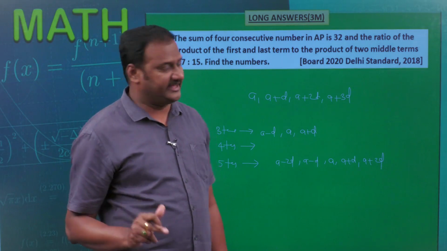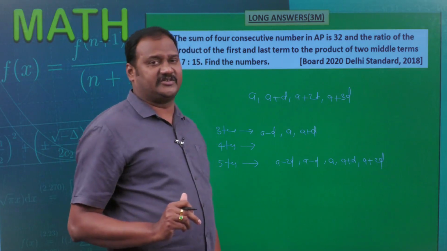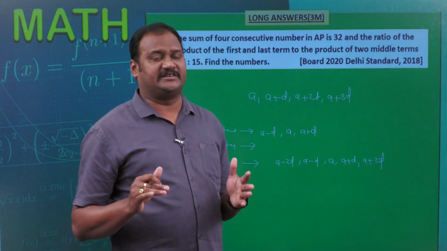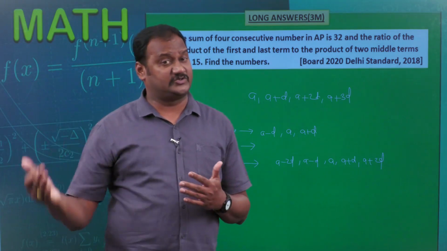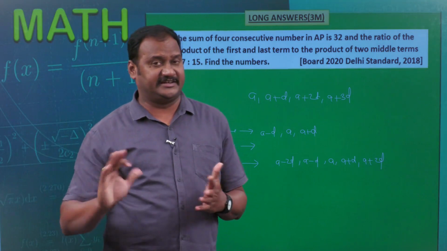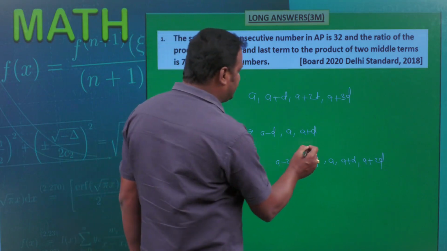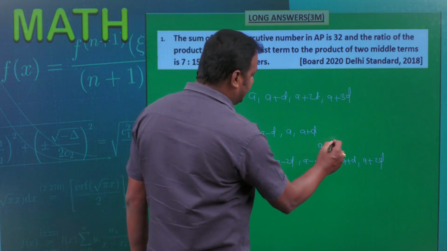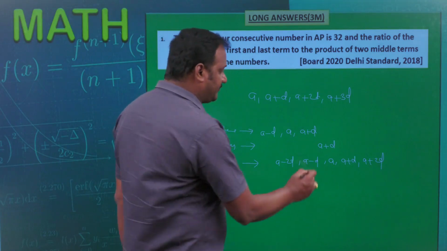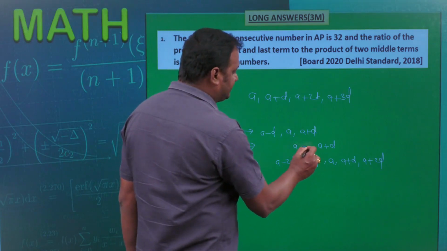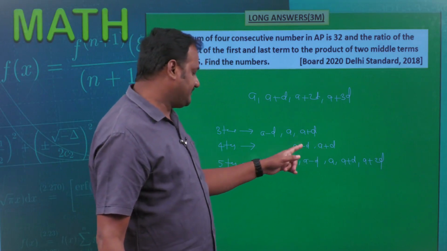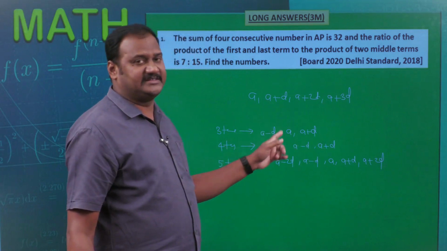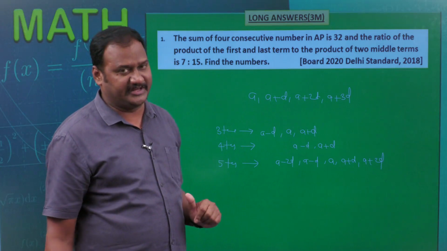Then I cannot start with A. I go with A plus D, and before A plus D, A minus D. Now you see the common difference: A plus D minus of A minus D is nothing but 2D.